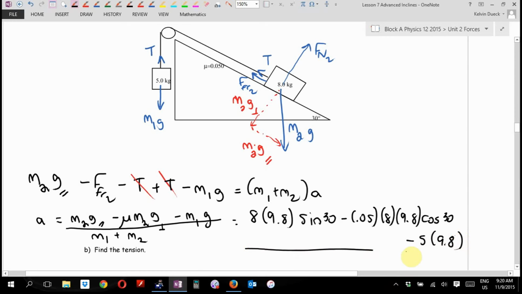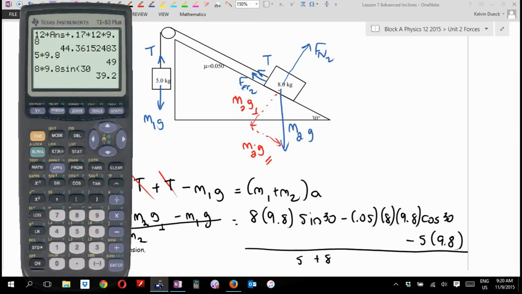That whole mess, that's a terrible way to write it, but I'm running out of room and I want to fit it here. And then divided by 5 plus 8. So I'm going to go to my calculator, and sorry, Rob, you're the one that's going to be left in the lurch by this, but most of you have heeded me and gotten a half-decent one.